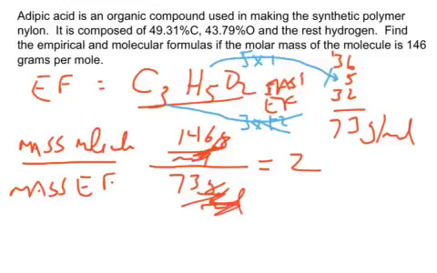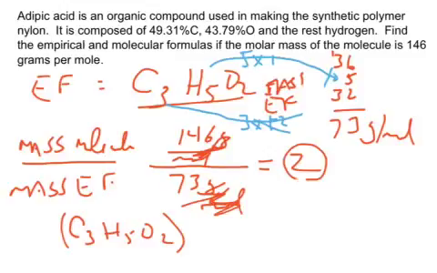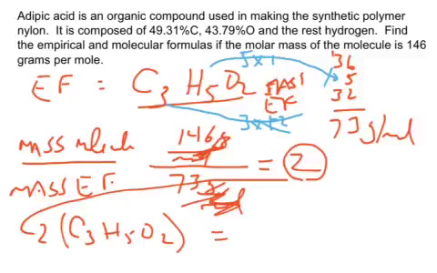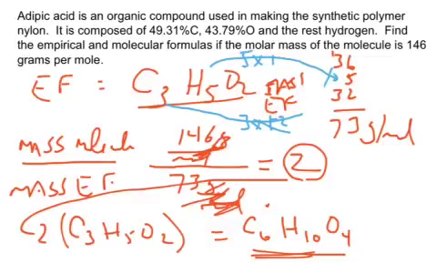So now I take my empirical formula, which is C3H5O2, and I multiply it through by this whole number ratio, okay? And so what I end up with is C6H10O4. And so that is the molecular formula for adipic acid.